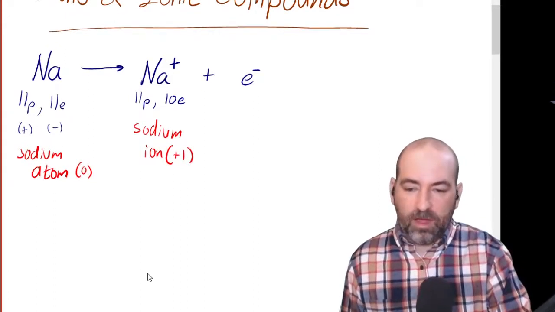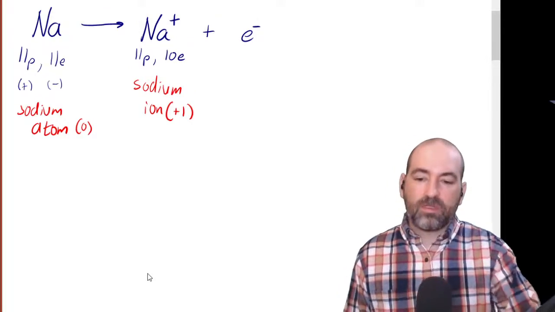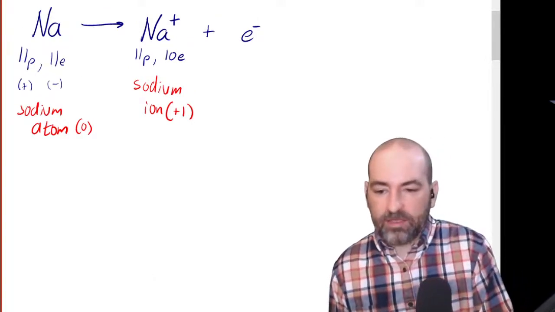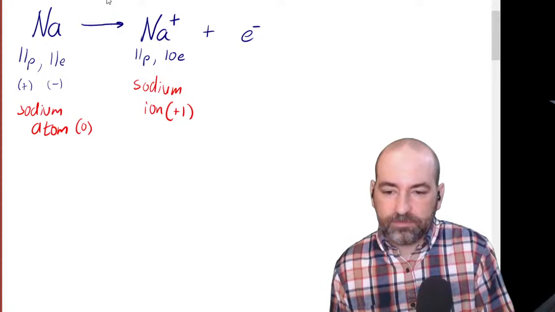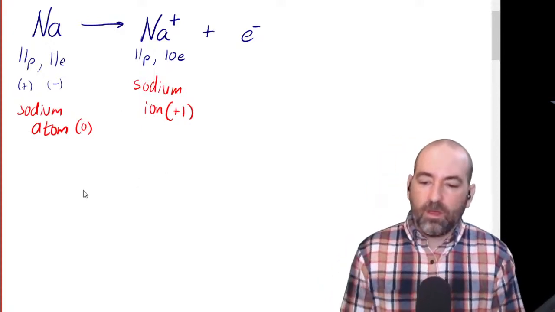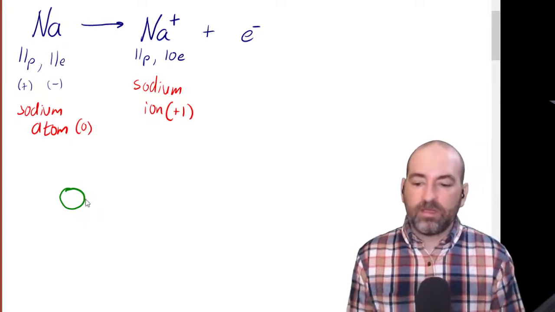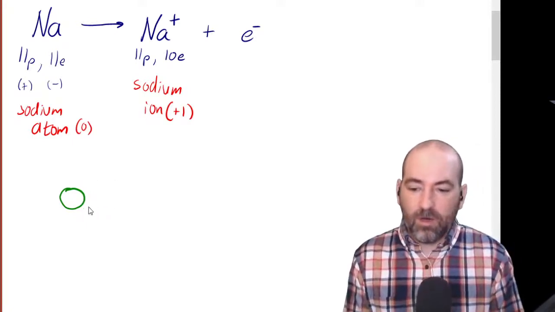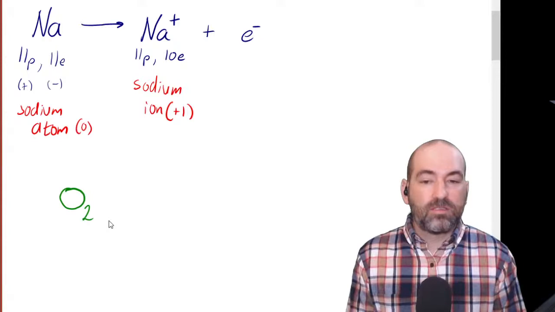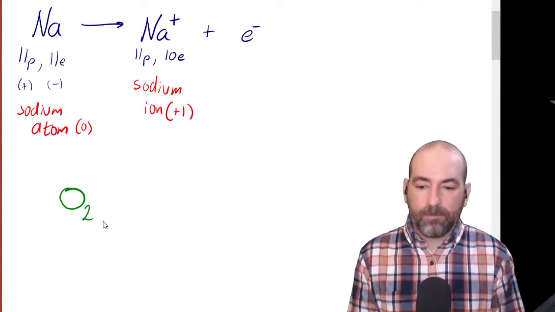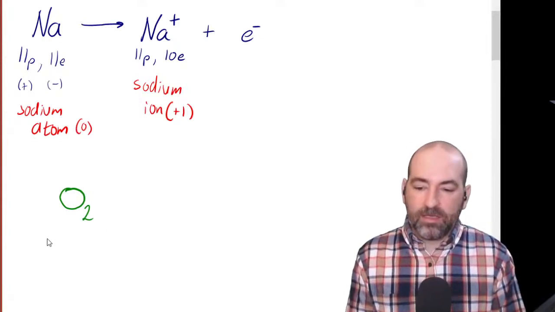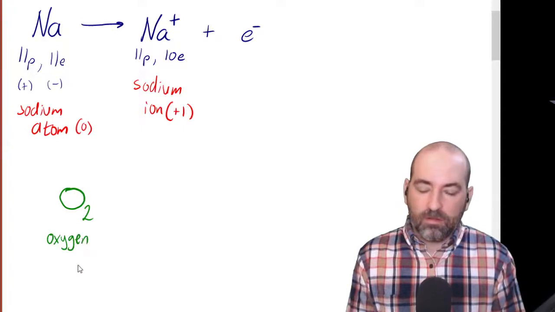All right, well, other atoms form negatively charged ions. We've seen some of these as well. Let's look at oxygen, for example. Now, oxygen we're going to write a little bit differently because it doesn't just exist as a single O atom. It exists as an O2 molecule. And that is oxygen. We might call it molecular or elemental oxygen.